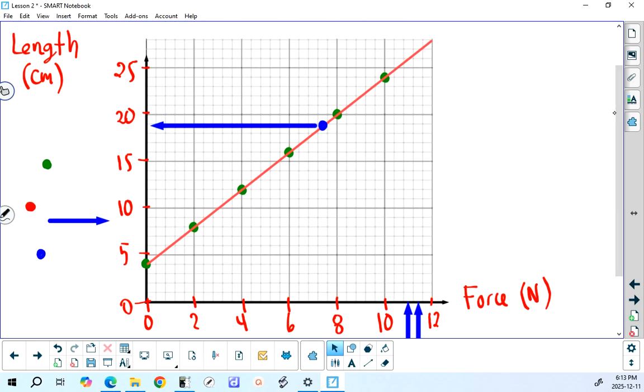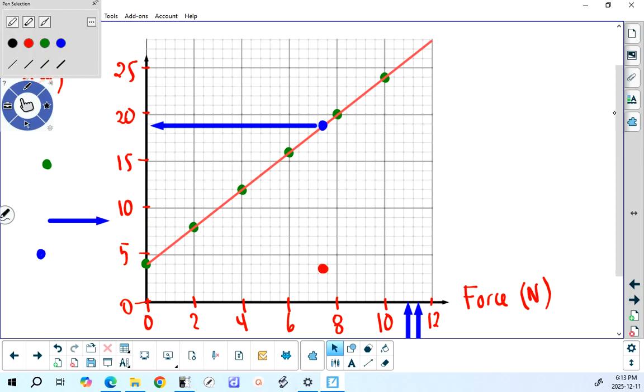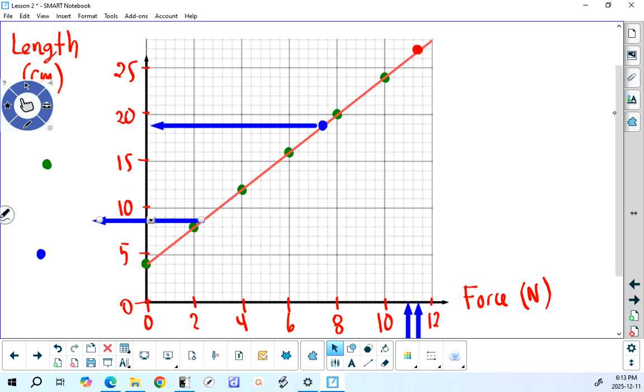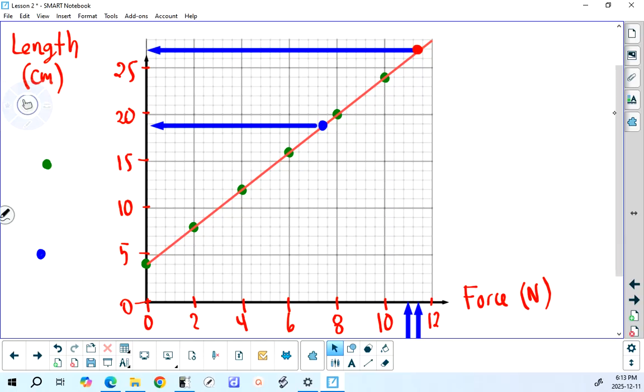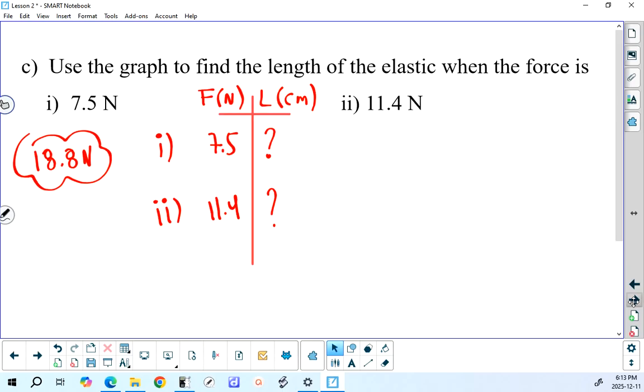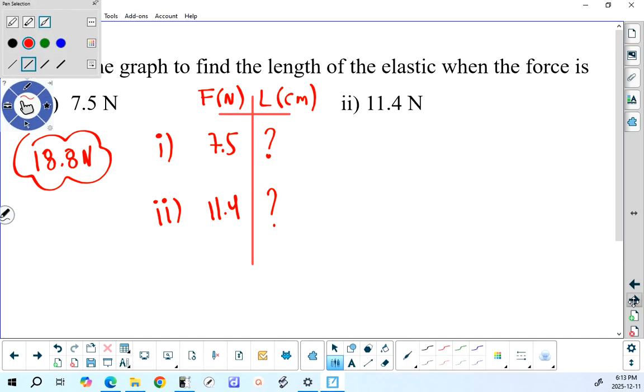You'll see why it's not worth it in a bit. So what I am looking at is, if this is 11.4, what's the y coordinate that corresponds to that? So I follow this all the way back, and I'm going to say that's so close to 27, why don't I just call it 27? So I'm going to say my answer here is 27 newtons.